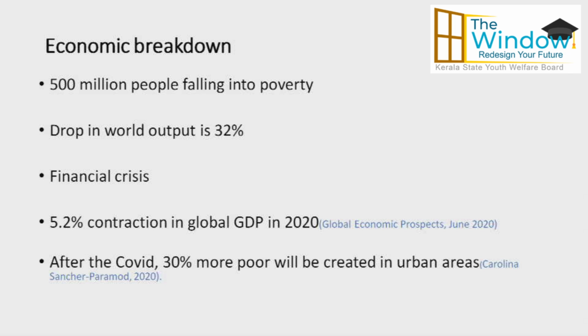There is a drop in world output of about 32%, and the situation is an unstable financial crisis, greater in intensity than the crisis we faced in the 1936 General Depression, with about 5.2% contraction in global GDP in 2020. And after the COVID situation, 30% more poor will be created in urban areas. So these are the study reports.